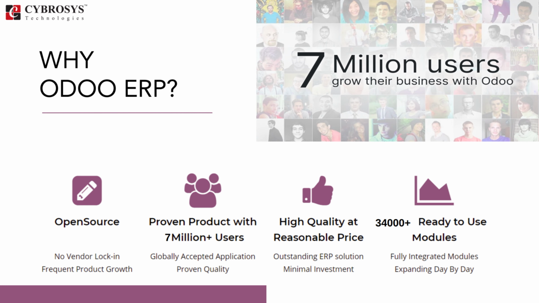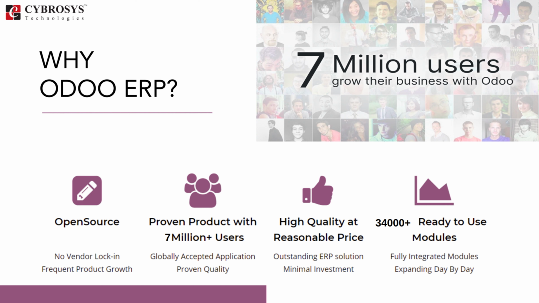Why Odoo ERP? You might know that Odoo has 7 million users and it is a proven product. It is an open source and comprehensive suite of business management software that provides organizations with a wide range of applications to streamline their operations.